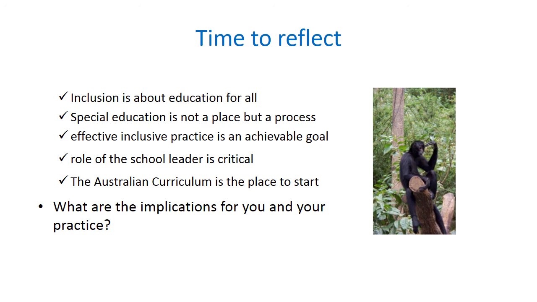We would argue, and will continue to work on this theme over the course, that the Australian curriculum is the place to start. I suggest that you now take time to reflect on the implications for you and your practice.